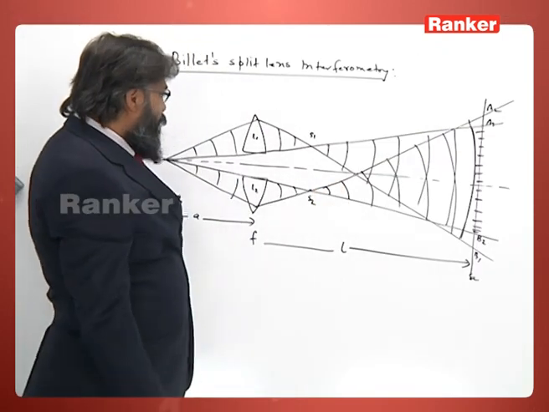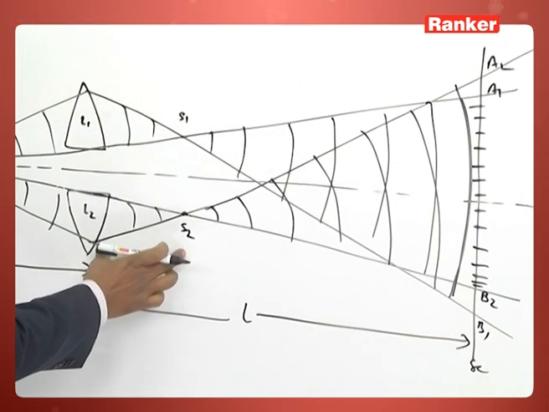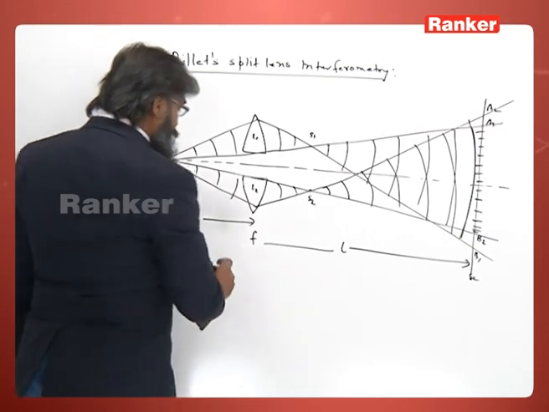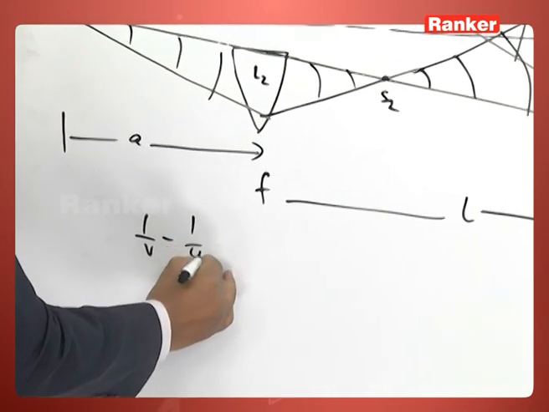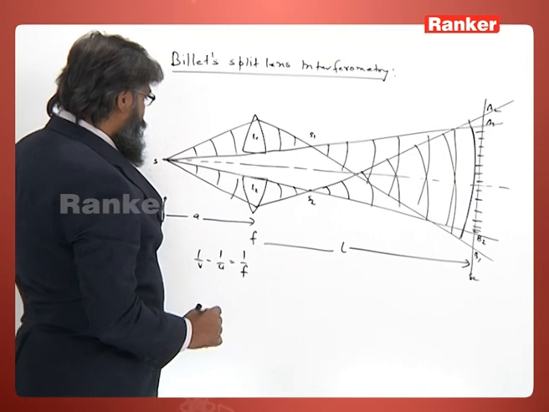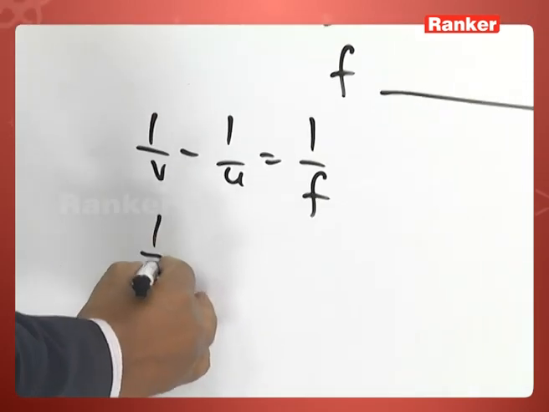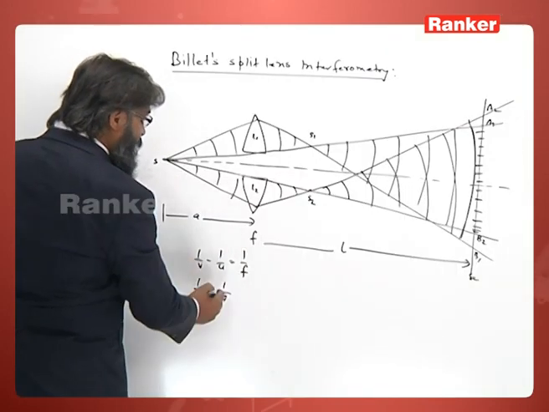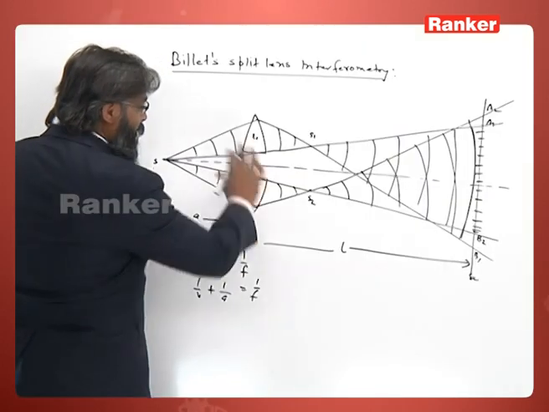So first of all, we have to calculate where the image is formed using the lens formula. So you see, lens formula is 1 by v minus 1 by u is equal to 1 by f. So we will calculate v. So u is here a, this side minus a, so it becomes plus a, and 1 by f.